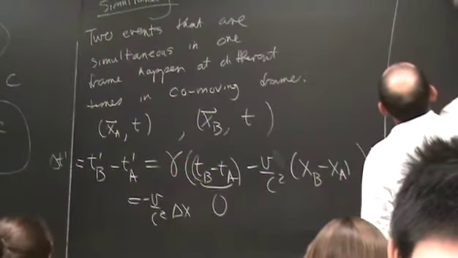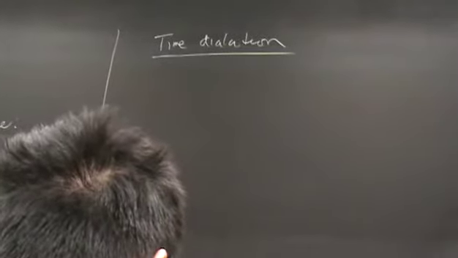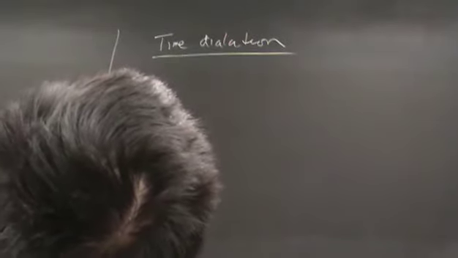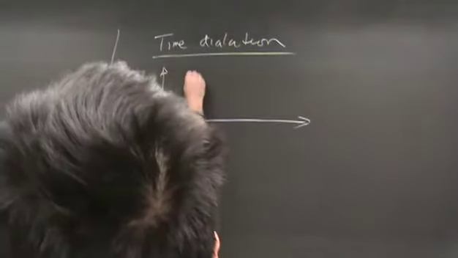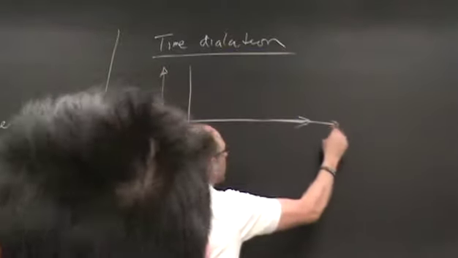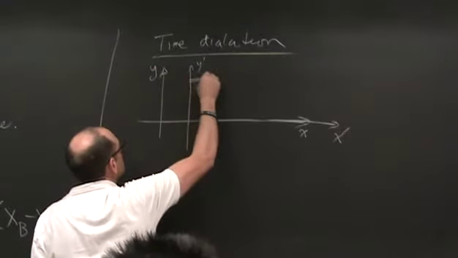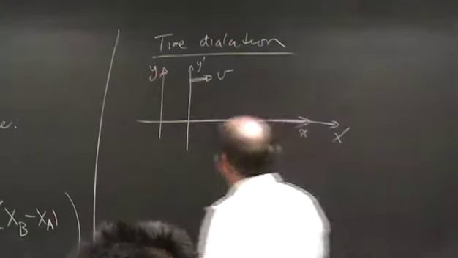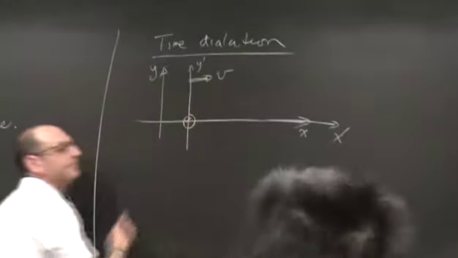Right. Time dilation. What do we mean by time dilation? What we mean is that, let's suppose we have two reference frames which are co-moving along their x directions. And let's say that there is a clock moving along with this speed. Okay?